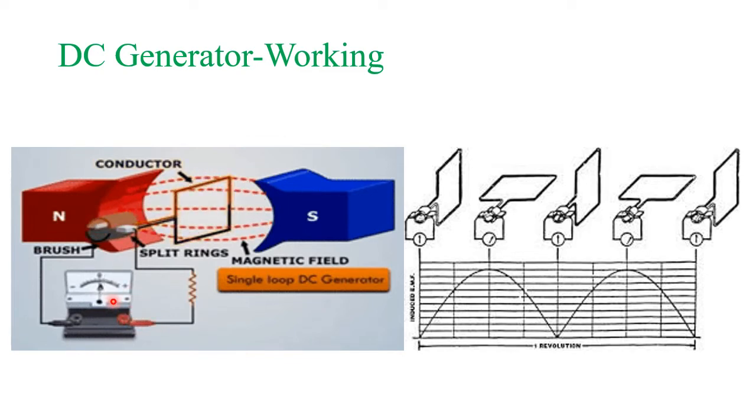Here you can notice how the single loop generator produces a unidirectional current: from 0 degree, at 90 degree it reaches the maximum, at 180 degree it reaches 0, at 270 degree it reaches maximum, and at 360 degree it reaches 0. The cycle repeats, and since the waveform is unidirectional, we say it is a DC generator.